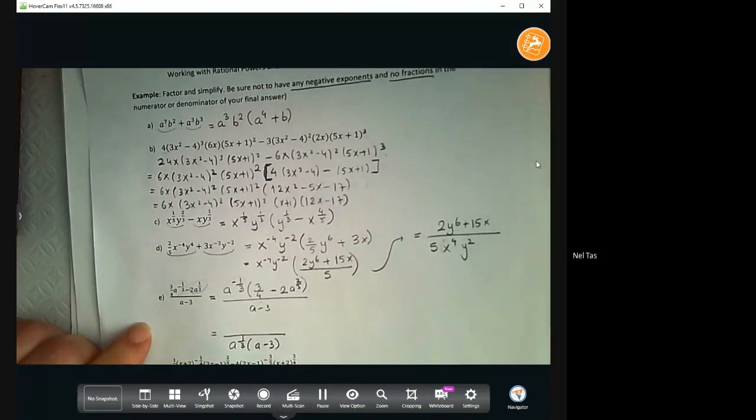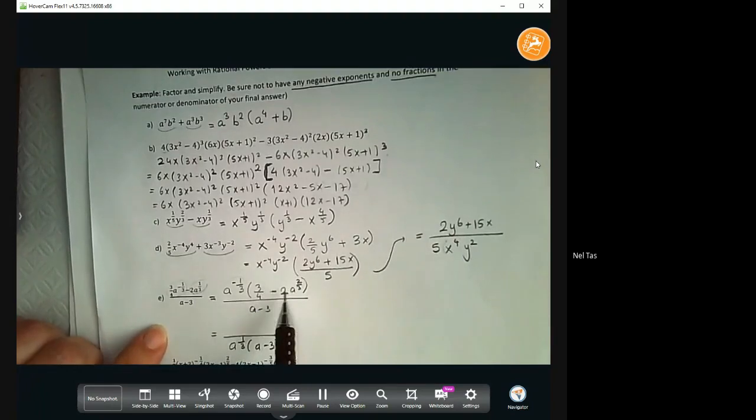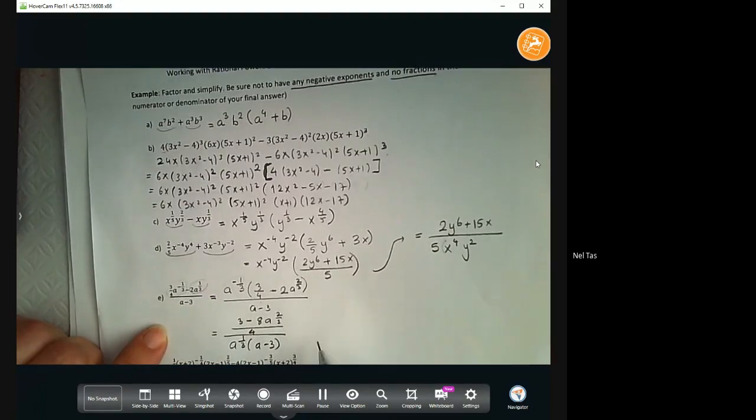And now let's have a common denominator here. Okay, so 3 minus 8, a to the power of 2 over 3 over 4. So now we are going to move 4 to the denominator.